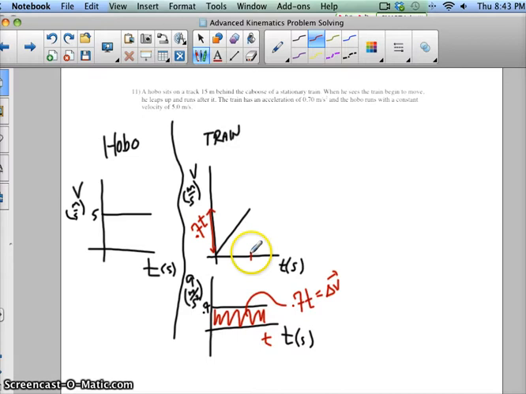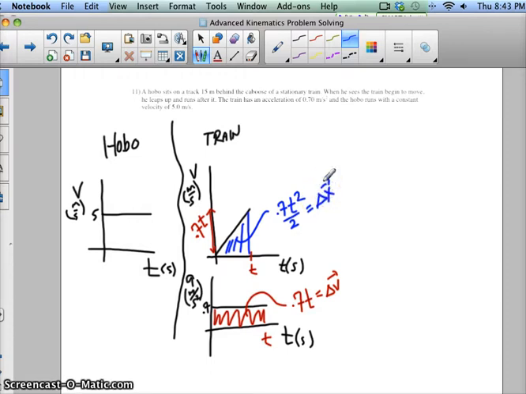And if this is our time t there, then this triangle will have an area of 0.7t squared divided by 2, and that's our displacement. That's our change in position.